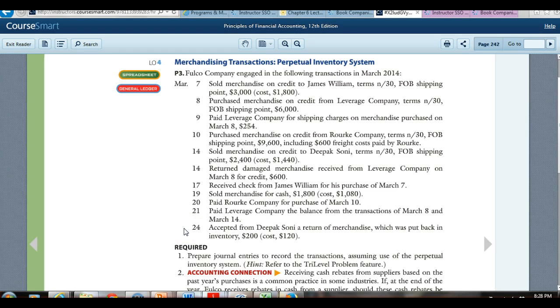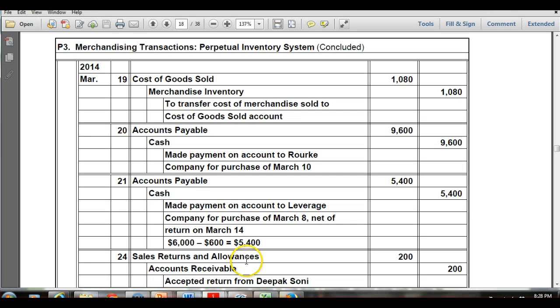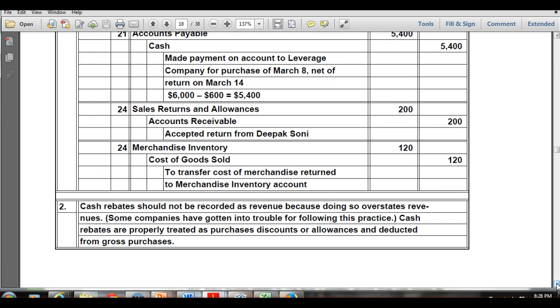So Deepak is returning goods. What are we going to do there, guys? Sales returns and allowances is a debit. The credit is accounts receivable. They don't owe us that money anymore, do they? And then we have to adjust our inventory, don't we? Right?